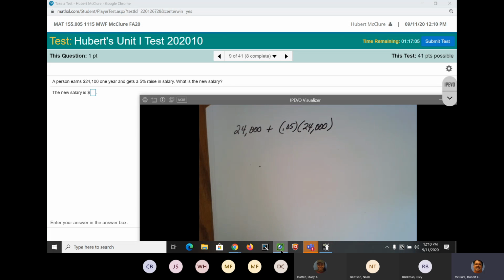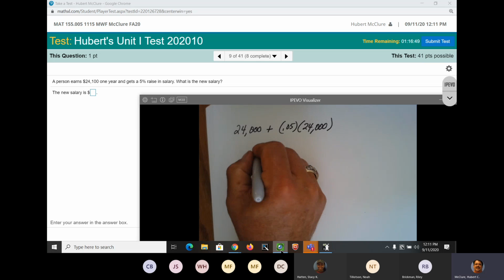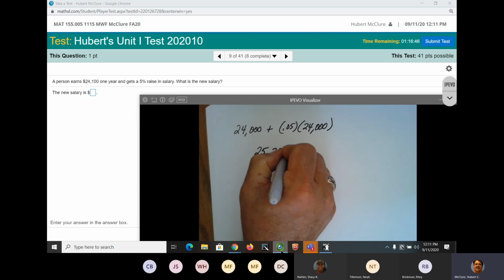And you could actually do this in your head, because 10% of 24,000 is 2,400. So 5% would be 1,200. And 1,200 plus 24,000 is 25,200. So I'd say your answer is 25,200.